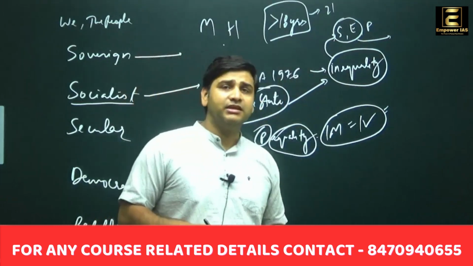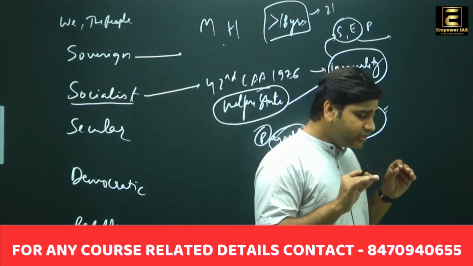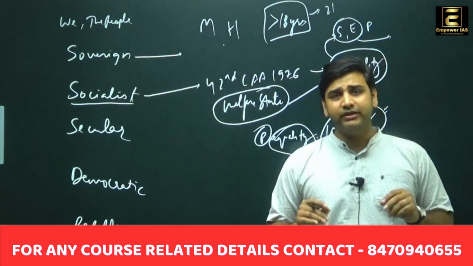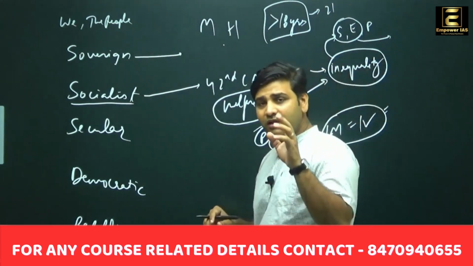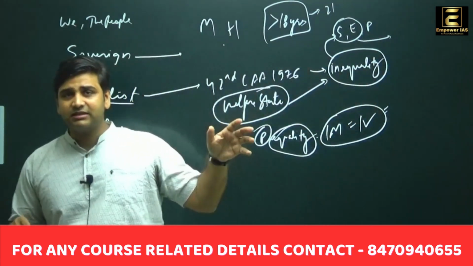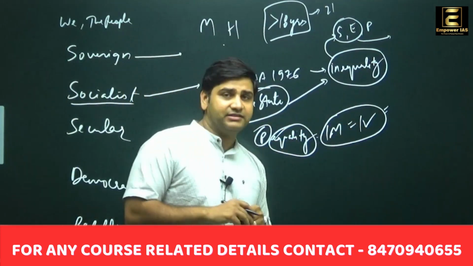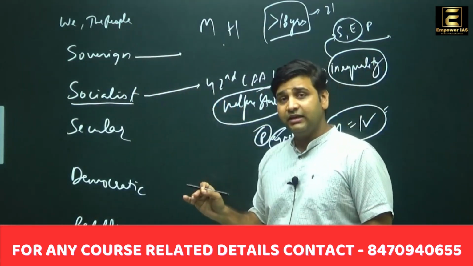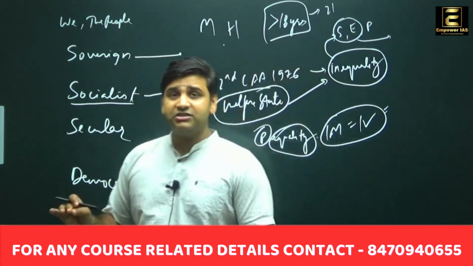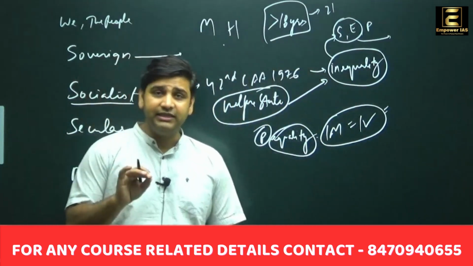Article 16 says that in the matter of public employment and appointments, nobody must be discriminated against on the basis of religion, race, caste, sex, place of birth, descent and residence. Along with it, Article 17 abolishes untouchability totally, legally.